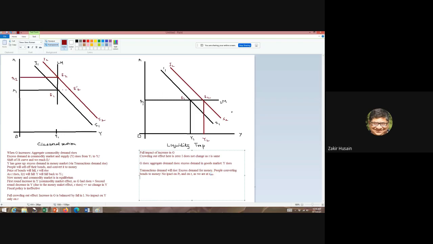Okay. So therefore, your transaction demand goes up, let us say by 50 units. Speculative demand will automatically adjust. It will fall by 50 units without the need for rate of interest adjusting. So speculative demand will adjust without a change in R. That means money market regains equilibrium.